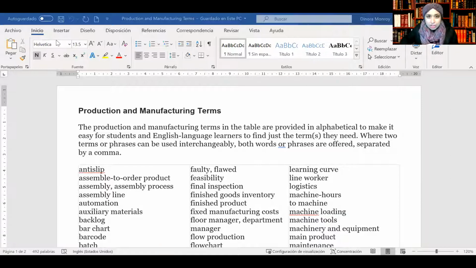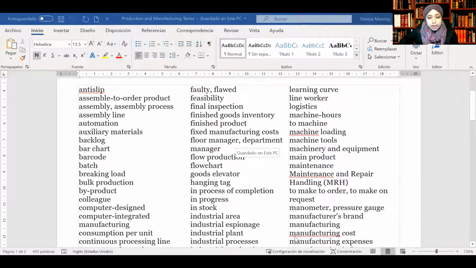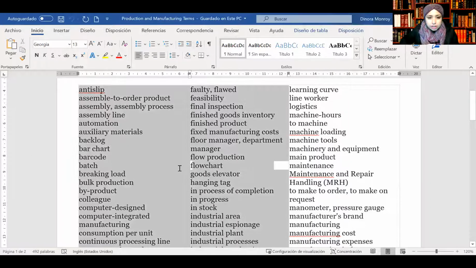Not anymore. I changed it and made a different collection of terms. What you need to do is go online, look for a dictionary in English, or just look at Google. For example, if we are going to look for the definition of flowchart, let's just copy the name in here.